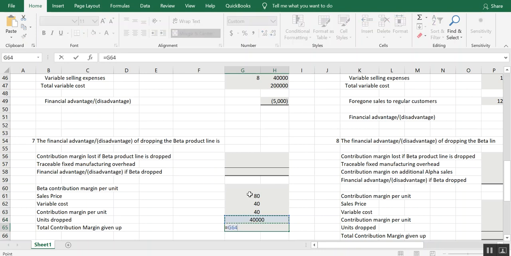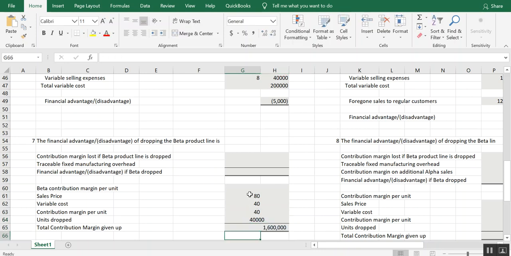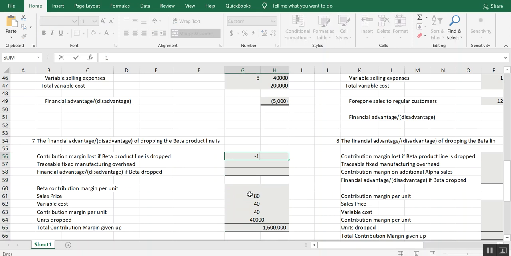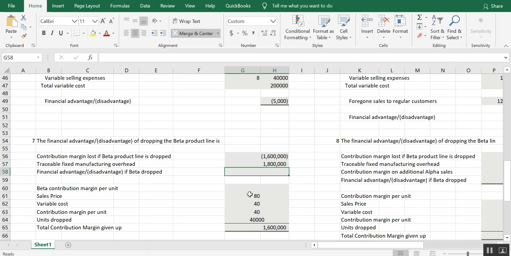When we multiply this together, we get 1,000,006 as a contribution margin given up. So we're going to enter that here as a negative number, 1,000,006. We're losing that contribution margin, but we're also losing the 1,000,008 in traceable fixed manufacturing overhead.